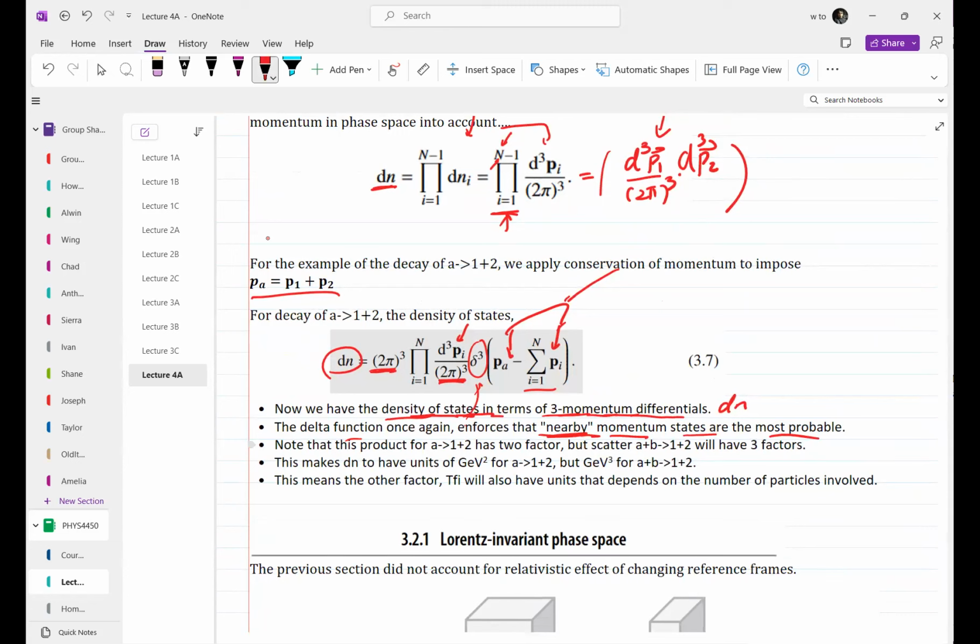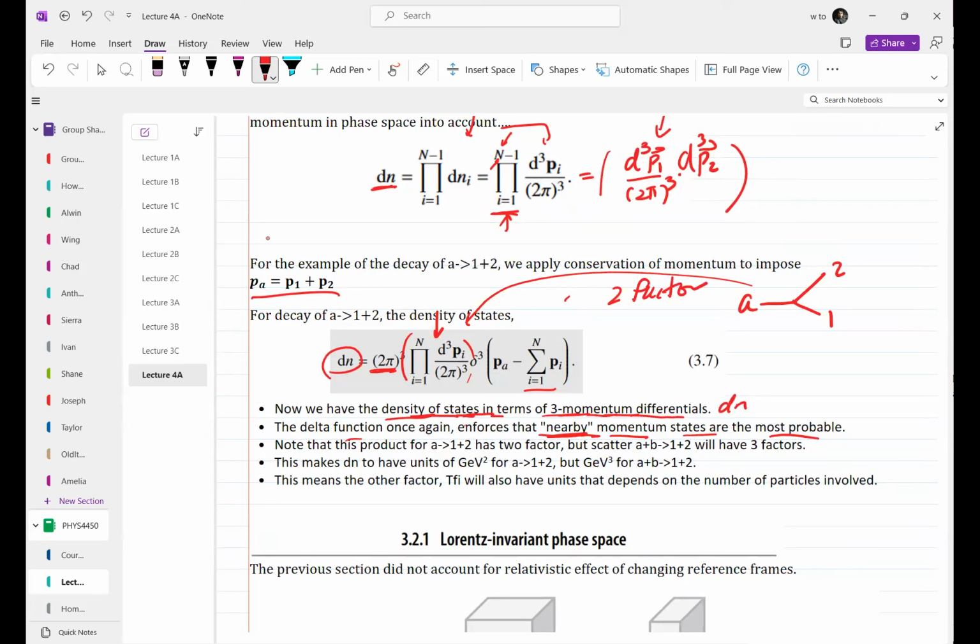There are a couple of interesting things. One thing is that this product here depends on how many particles we're dealing with. So if we have a decay, 1 and 2, this product will have 2 factors.